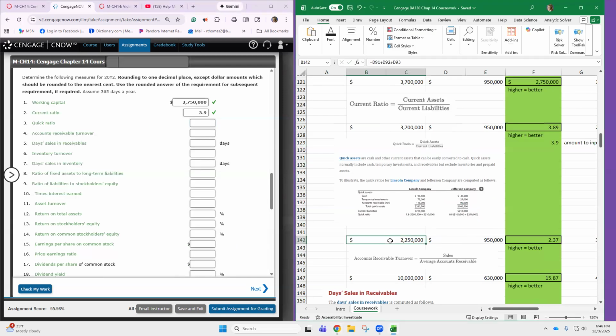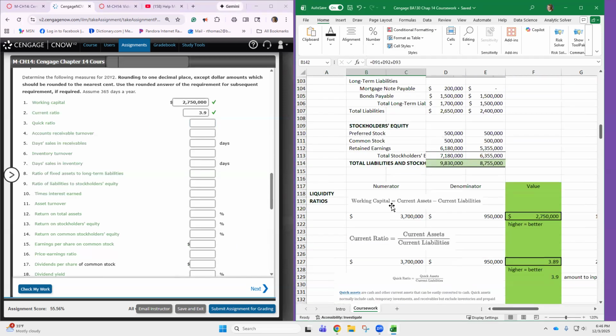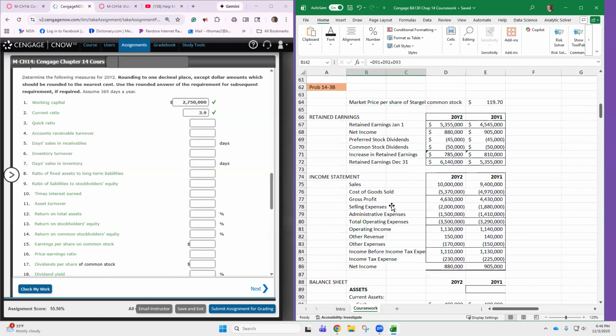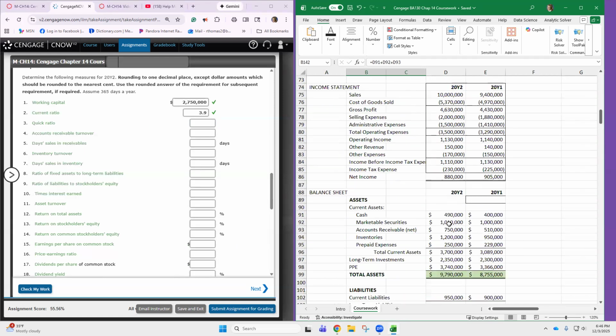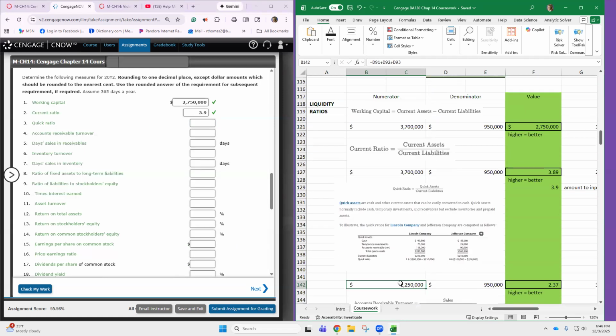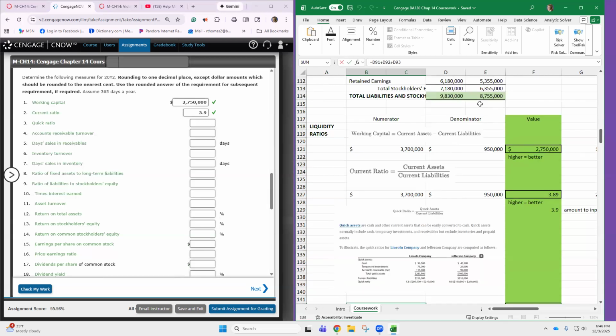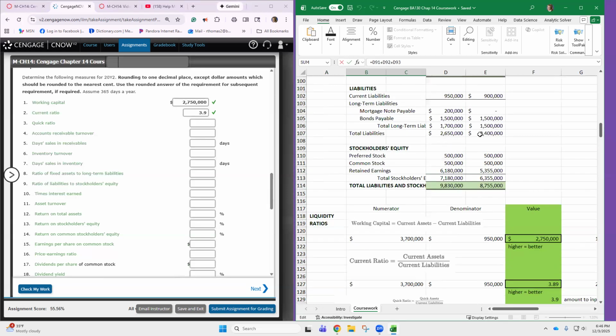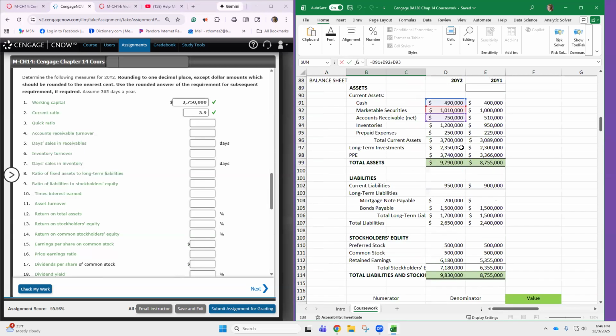So I should have a formula up here that's going to add my quick assets. My quick assets should be my cash, my marketable securities, and my accounts receivable. Okay, so there it is, D91, D92, and D93. So I'm just double checking.